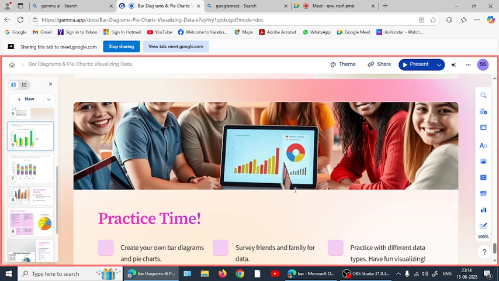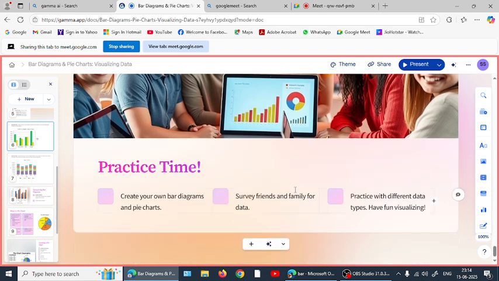That's about pie charts. I will give an assignment: you have to do a survey among your friends or family, on travel or food or color, whatever topic you choose. You will get raw data.